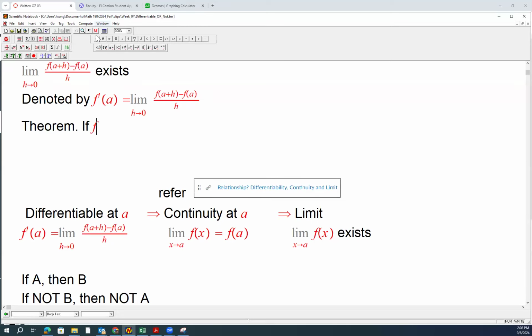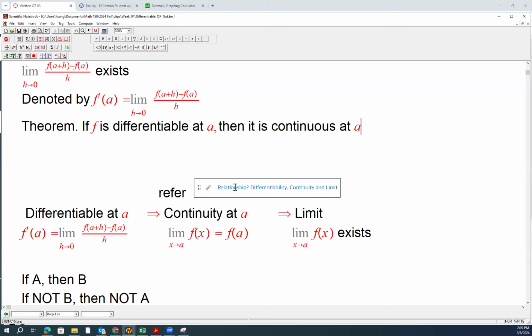So this theorem has proof: if f is differentiable at A, then it is continuous at A. This theorem established the relationship between differentiability and continuity at a point.